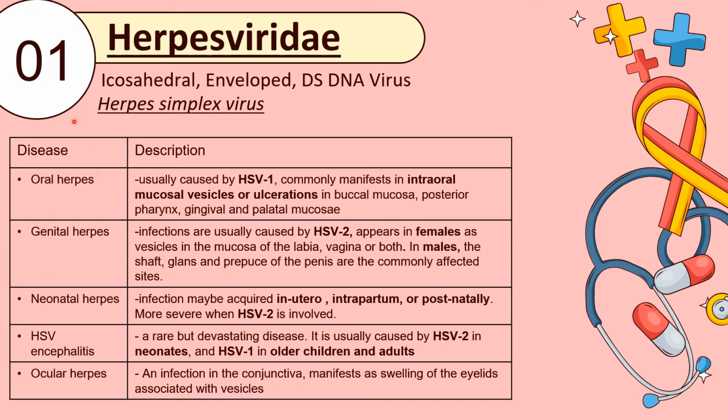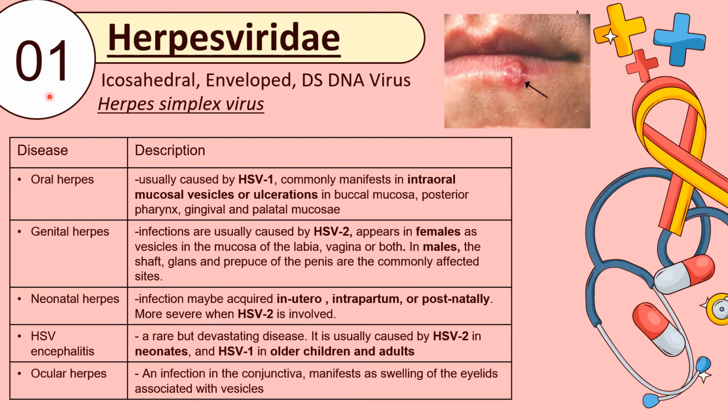These here are the following diseases caused by herpes simplex virus. First is your oral herpes. This is caused by herpes simplex virus type 1, which is commonly seen in intraoral mucosal vesicles or ulcerations in the buccal mucosa, or sometimes in the posterior pharynx and gingival mucosa.